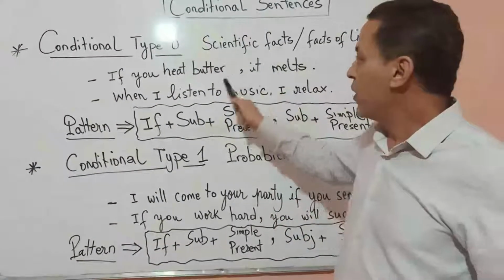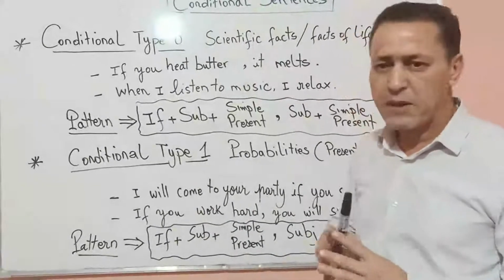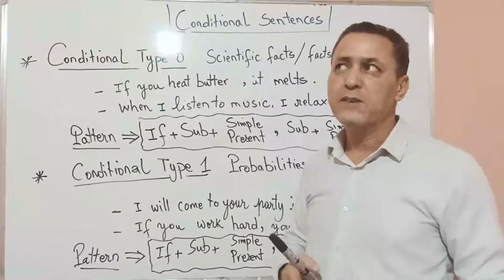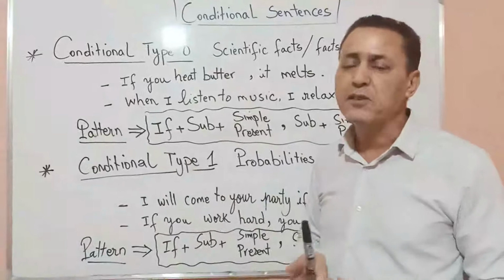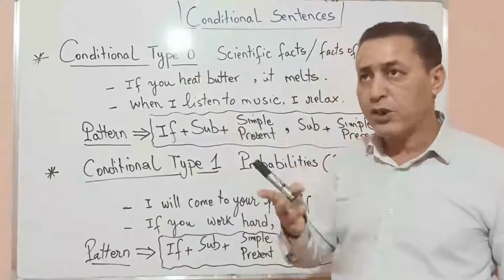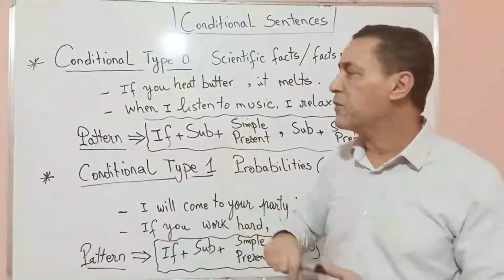Right. Now you can think of your own examples, more examples. Okay. For instance, if you boil water, what happens? If you boil water, it evaporates. Okay, this is also a scientific fact.